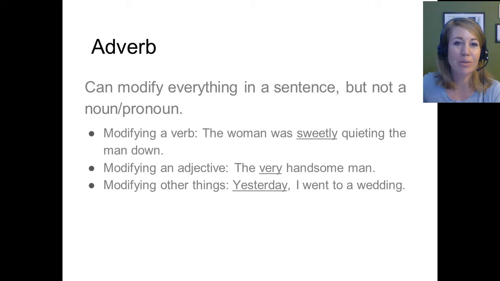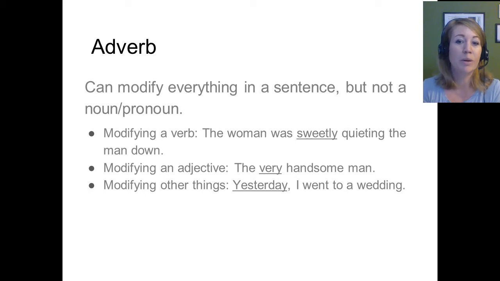And then an adverb, which is typically one of the more complicated concepts of these four parts of speech, is something that can tell us something about any of the words in the sentence, but it doesn't describe a noun or a pronoun. So adverbs can really exist anywhere. They just don't ever describe nouns or pronouns. They describe verbs.